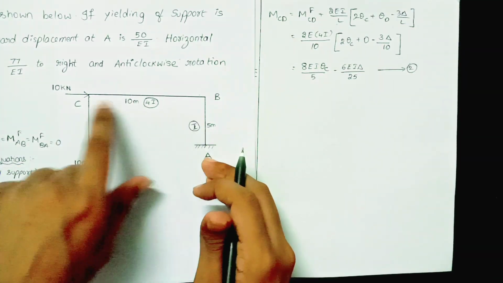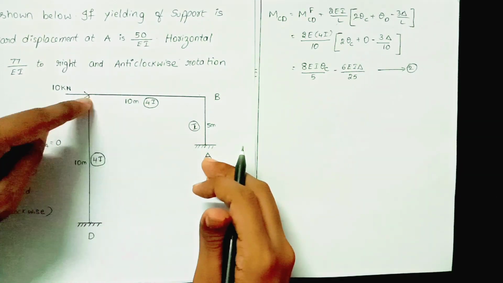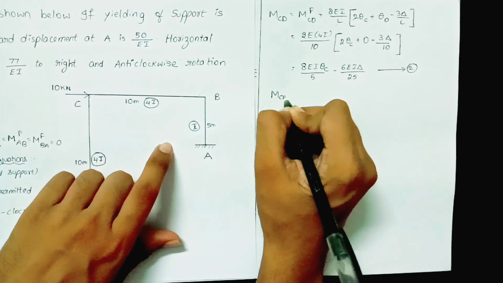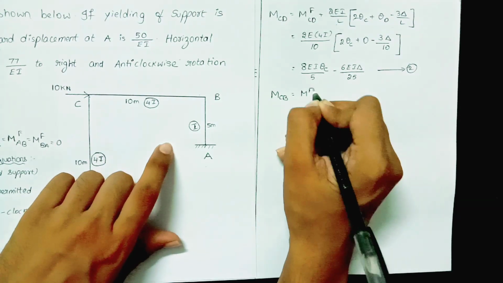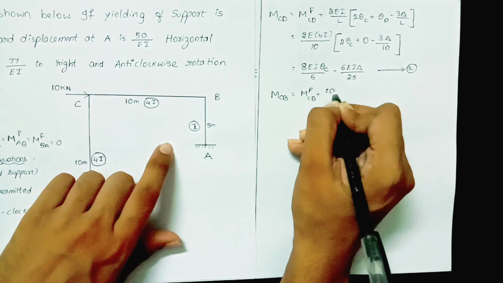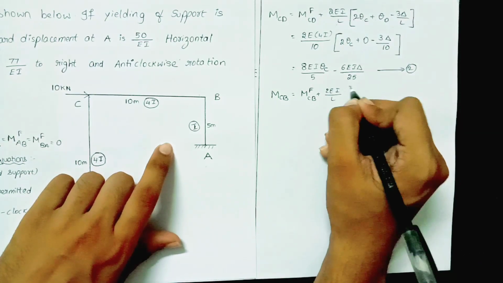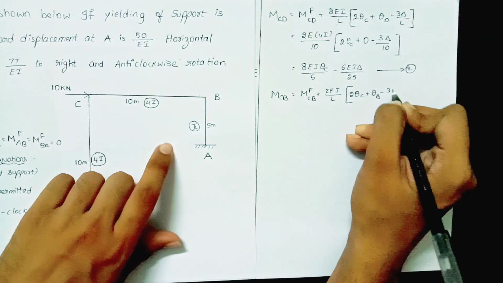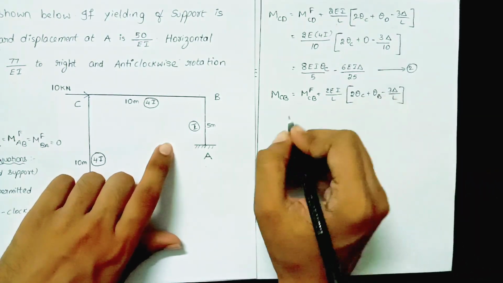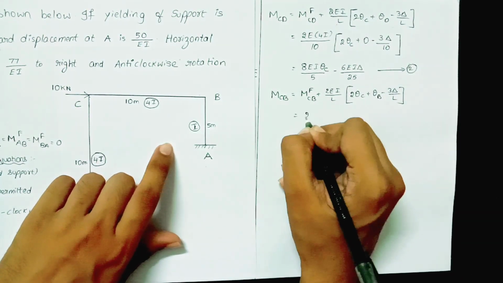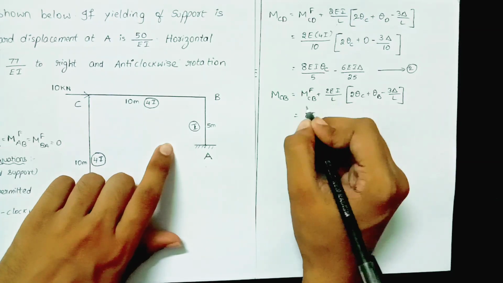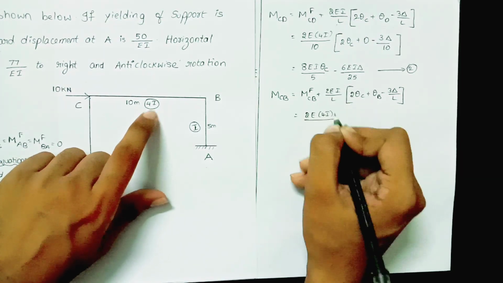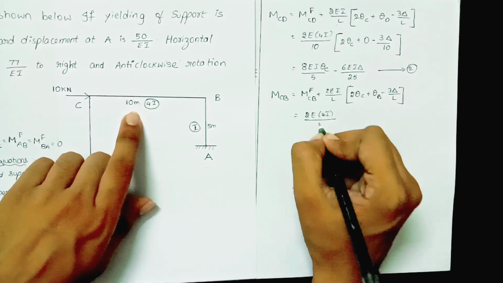Now CD and DC we have completed. Now take MCB. Again write the slope deflection equation as MFCB plus 2 EI by L multiplied by 2 theta C plus theta B minus 3 delta by L. So fixed end moments are 0. 2 EI, so this is 0. 2E, I value is 4I and length is 10 meters.